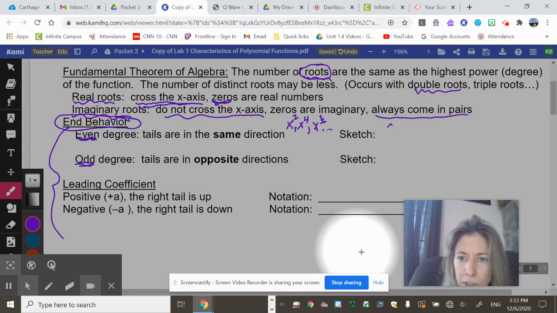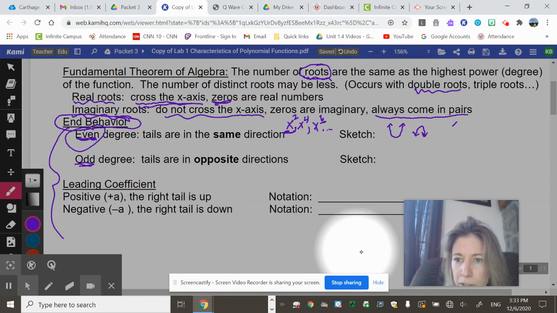We're familiar with a second degree, a parabola. This would be an x squared most likely, and the tails are both going up. If there's a negative leading coefficient, both tails are down. But if we have an even degree, the tails will always be in the same direction.